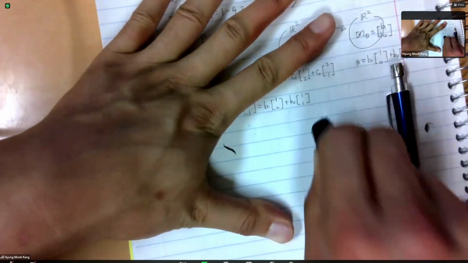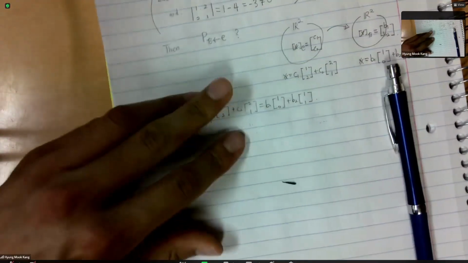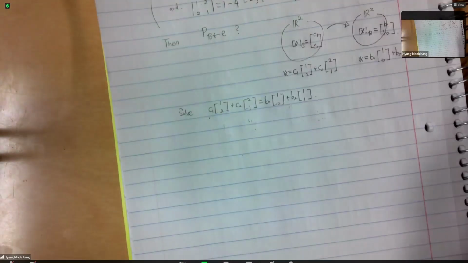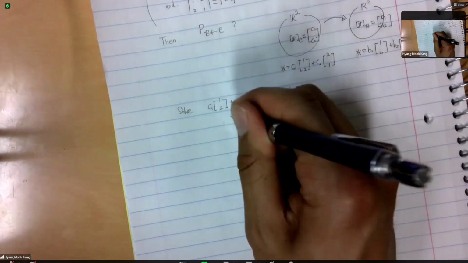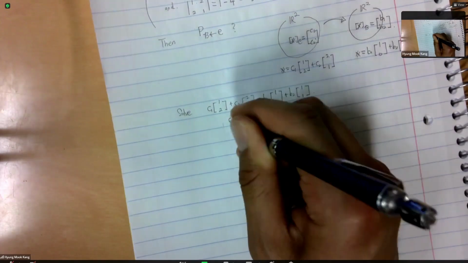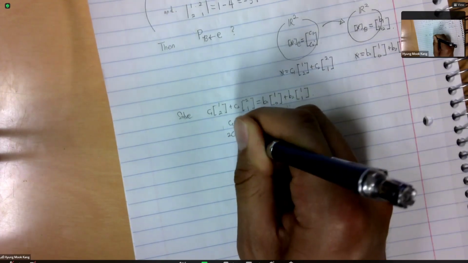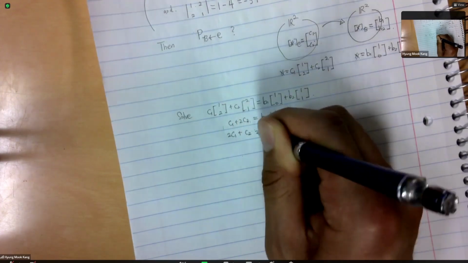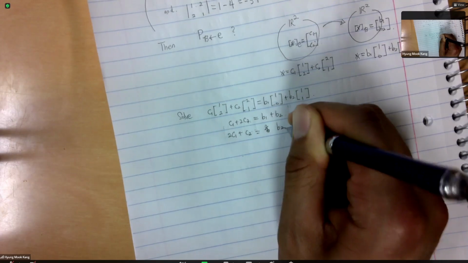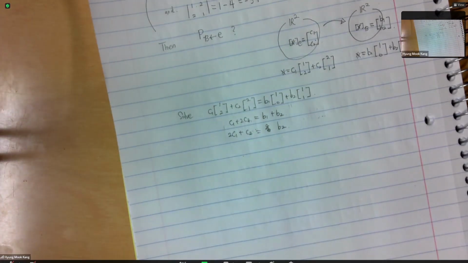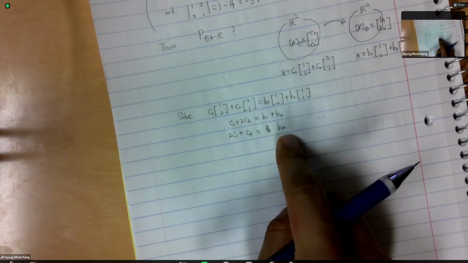Representing it this way and just taking the inverse of the matrix is going to give you the answer. It's basically the same method, but I want to use row reduction. So this means that C1 plus 2C2 equals B1 plus B2, and 2C1 plus C2 equals B2. So it boils down to solving a system of linear equations of this form.